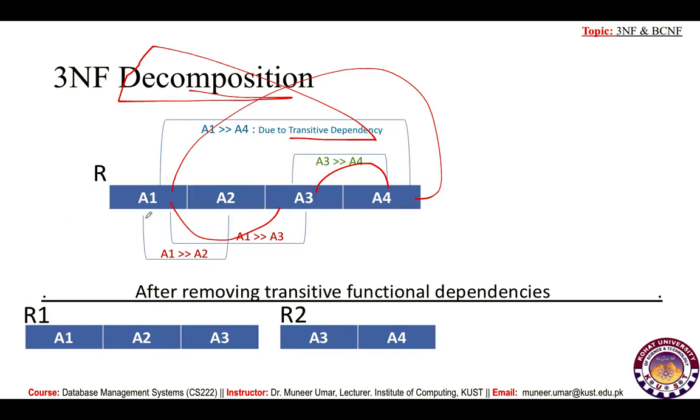Since there was a transitive dependency between A1 and A4, we will move A4 to another table, and we will create a new table for A3 and A4. A3 and A4 already have some sort of association, that is A3 is determining A4. So we have two new tables created from a single table. So this is the process of 3NF decomposition.